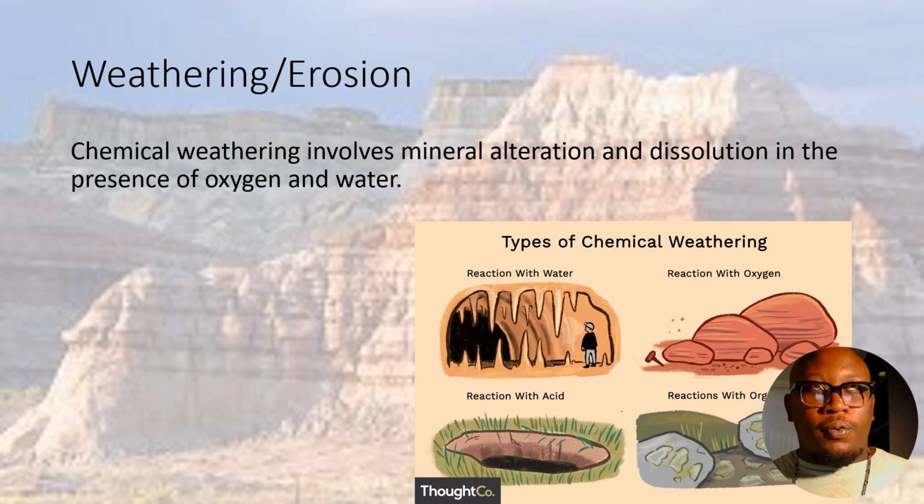In Tennessee, Florida, and some parts of Texas, I'm blanking on others, you have limestone. That's basically your bedrock, and if you have acidic water, that limestone will break down over time. That's a good example of a chemical weathering process.